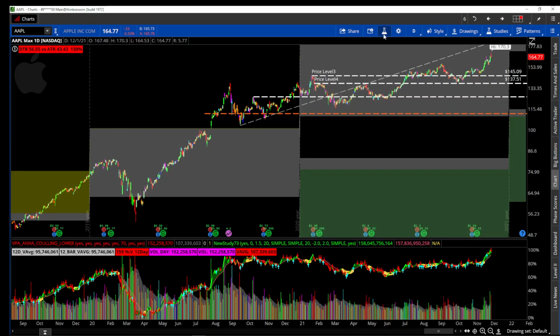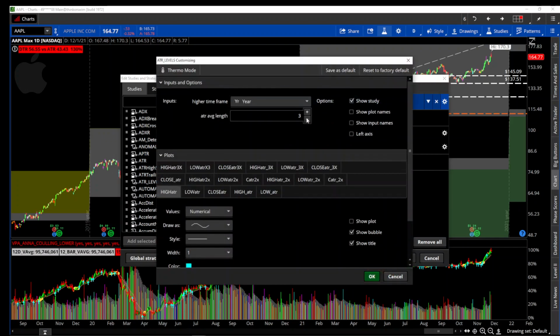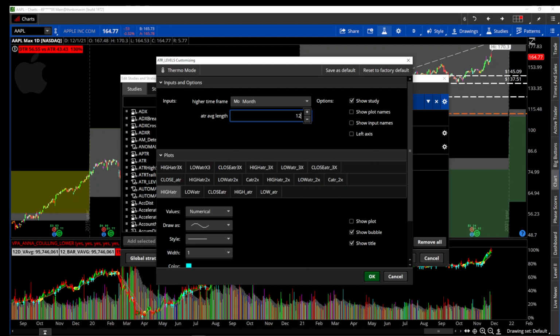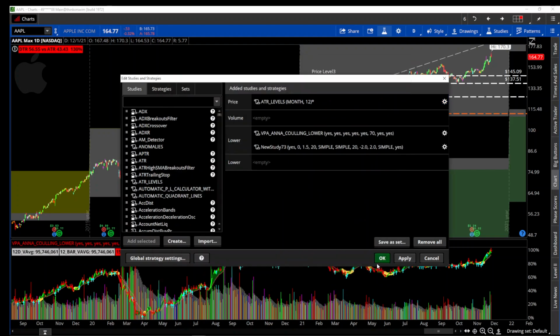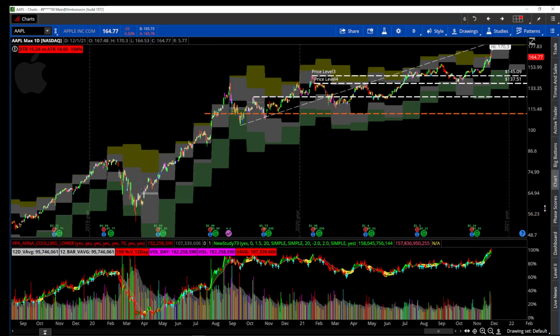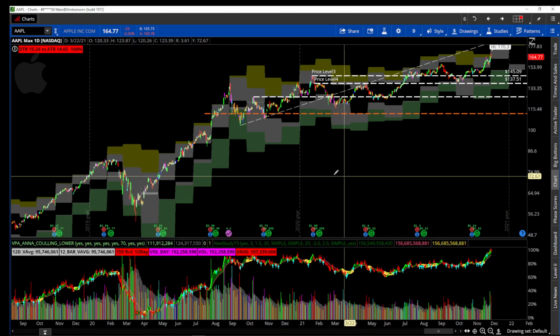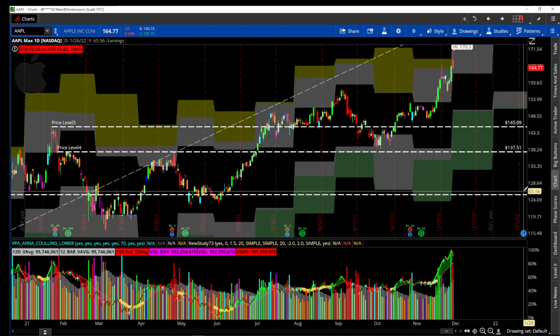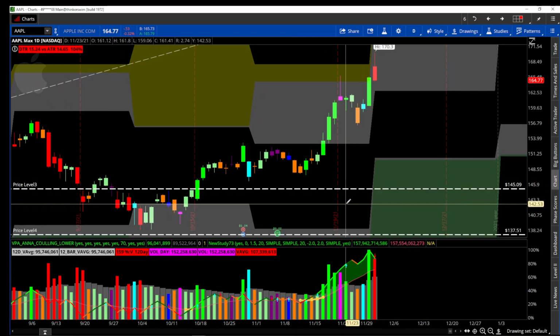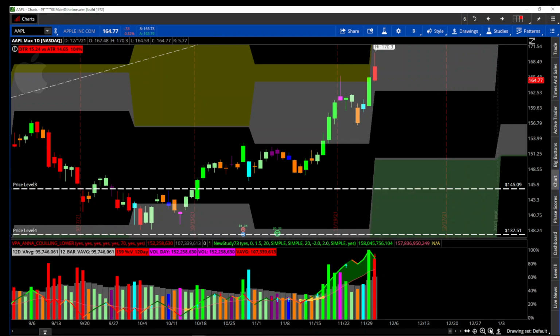It does alright. It's on the year. You take a 3-year average. I want to go back to the month. And let's go back to 12. And let's see what it gives us. Apple really performed well on this thing. It looks nice though.